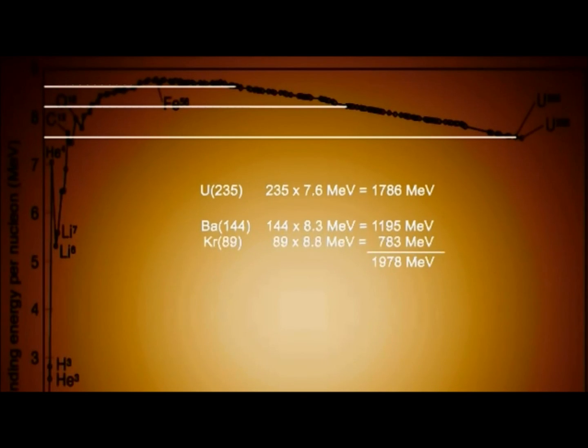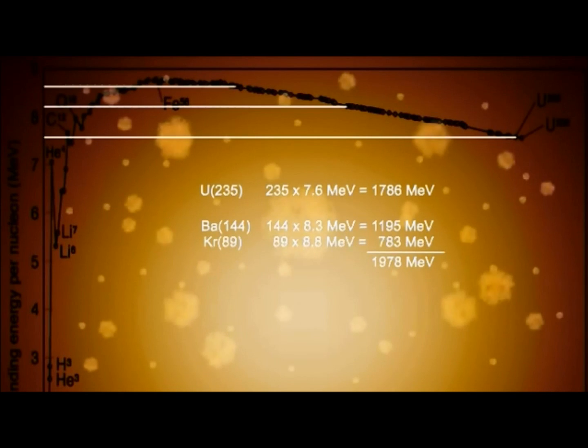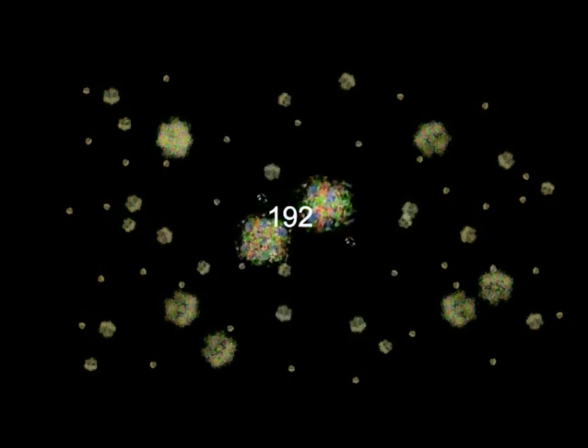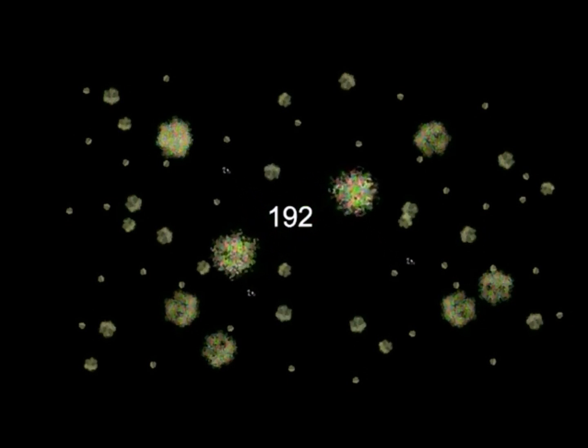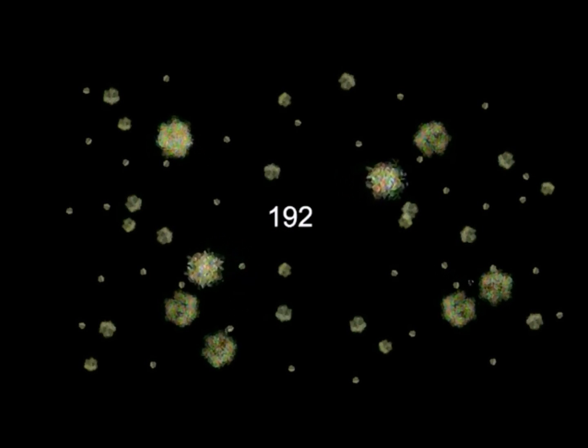And the extra neutrons have no binding energy. So every time a nucleus of uranium fissions, we get about 192 MeV of energy.